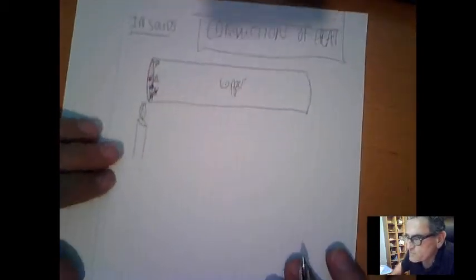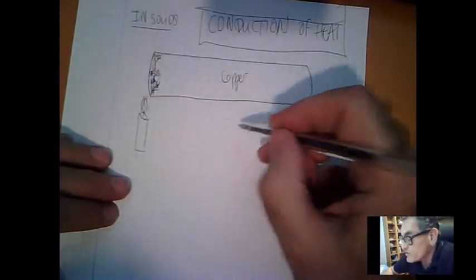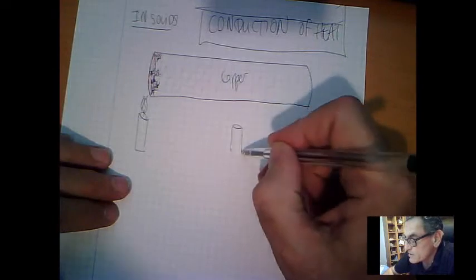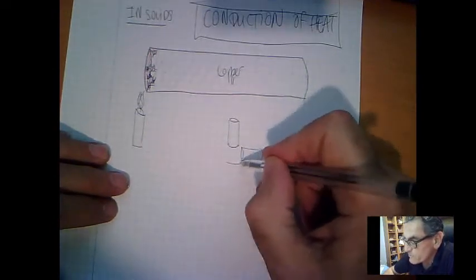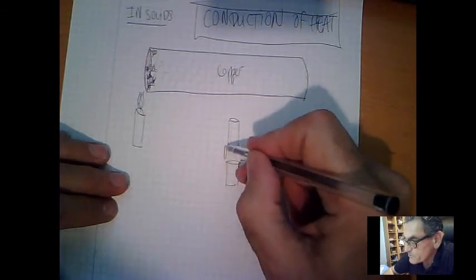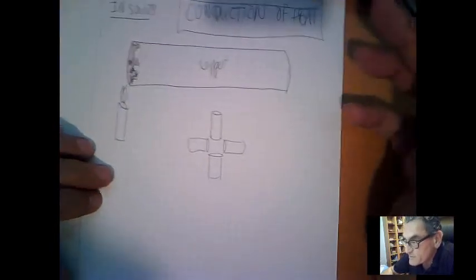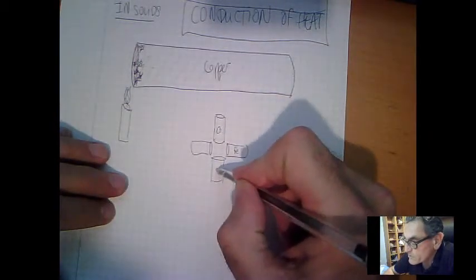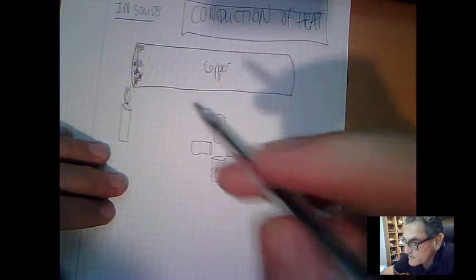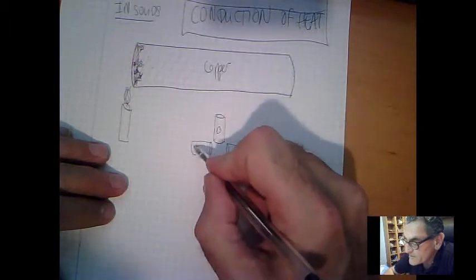And there is one experiment we do in class normally, but now I cannot do it. You take four pieces of metal, four different metals, or three or six, it doesn't matter. For instance, copper, iron, steel, and I don't know, brass.